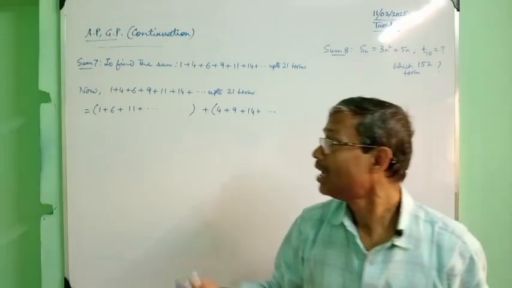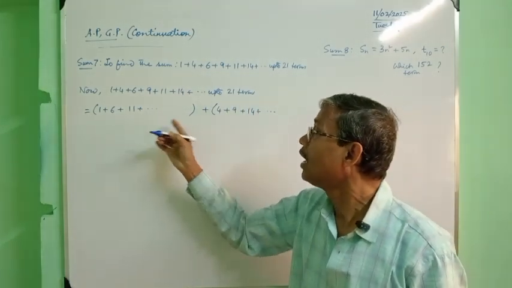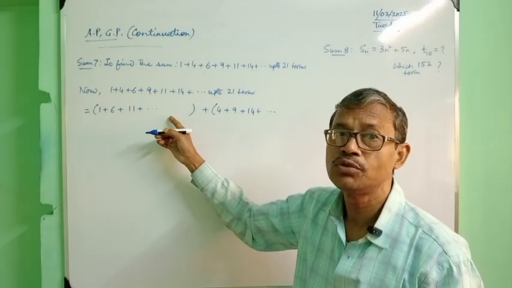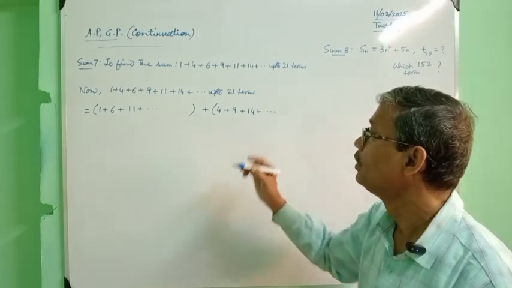Now we have divided into two groups. Now the question is, how many terms will be there in the first group and how many terms will be there in the second group?